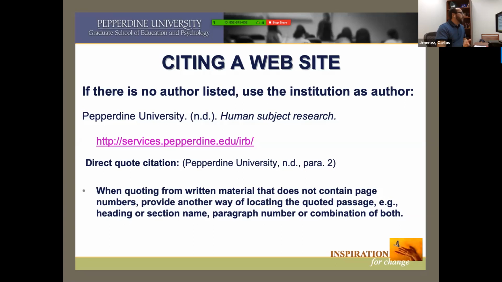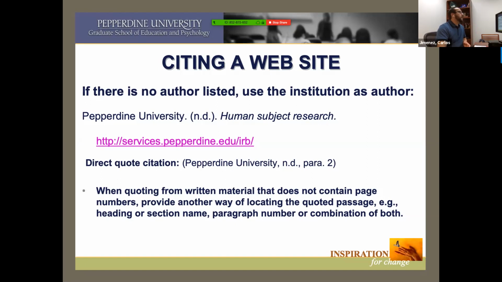If it's a direct quotation, you'll notice the abbreviation para. This would be used if something doesn't have page numbers. APA just says to provide another way of locating the quote. Whether it's a heading or a section, sometimes there might be a heading name, and then you can use something like discussion section, comma, para 3, or just the paragraph number itself, or both.